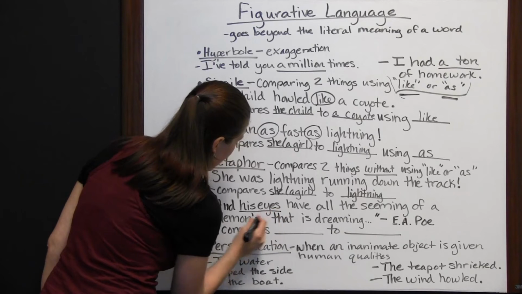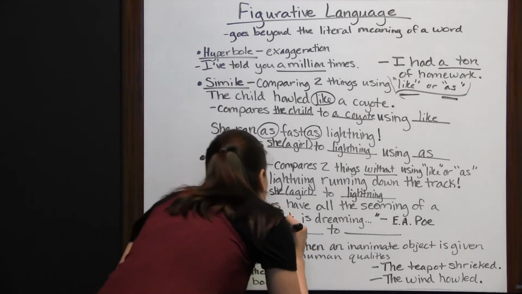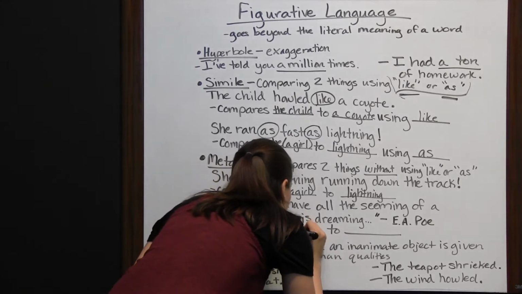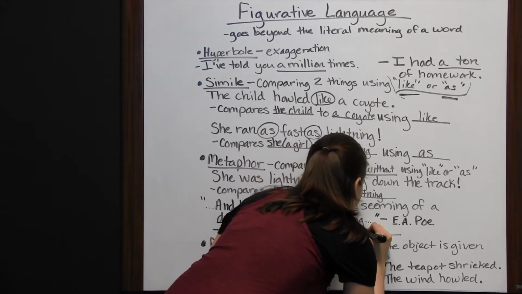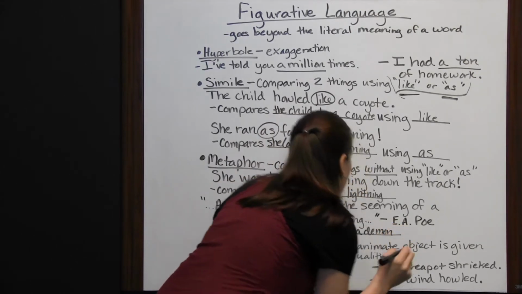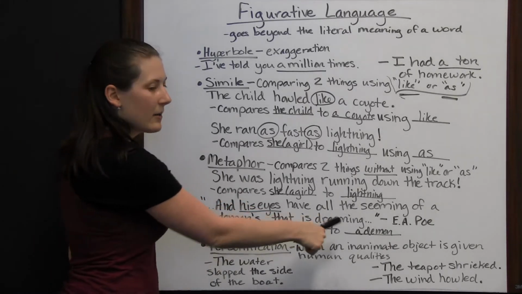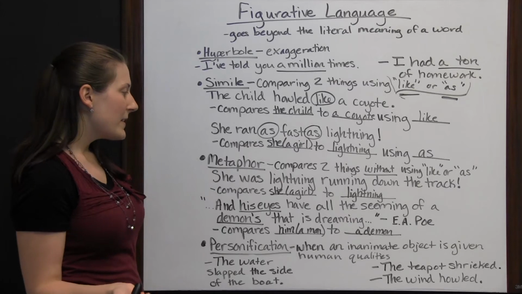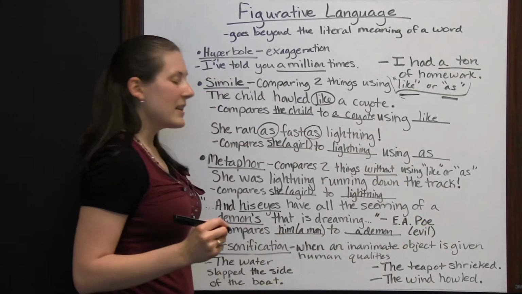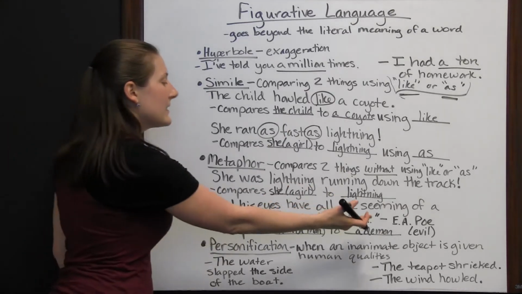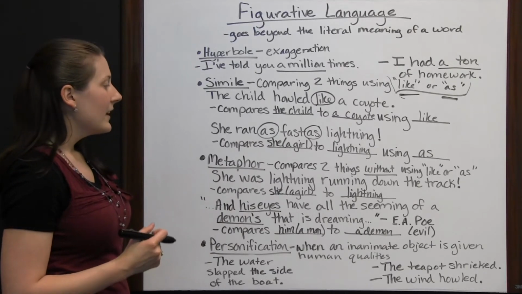So we're comparing his eyes to a demon's eyes, which is basically comparing him, or a man, to a demon. If his eyes are like a demon's eyes, then this man is being compared to a demon, which is to maybe say that the man is evil. It doesn't mean he's literally a demon. It means he's got some characteristic of a demon. He's maybe an evil person.